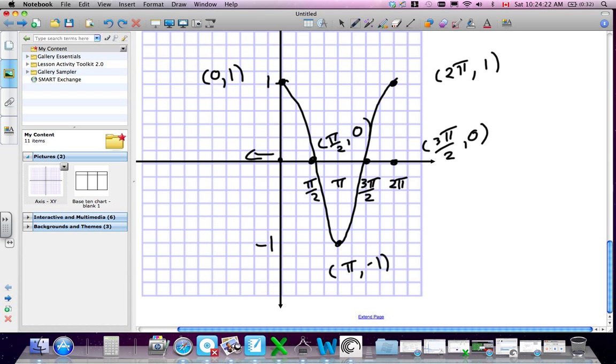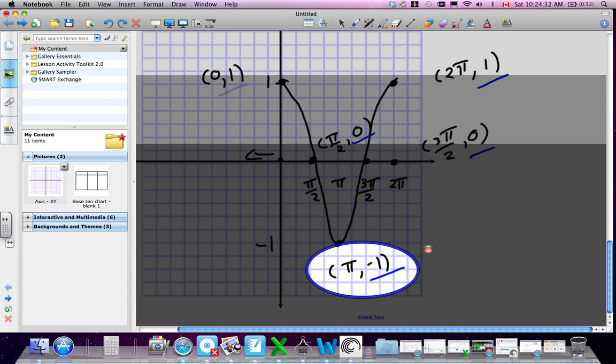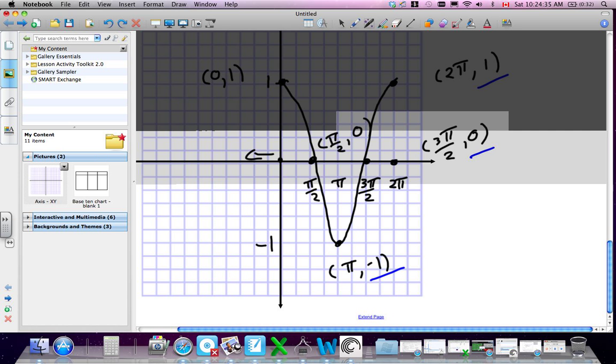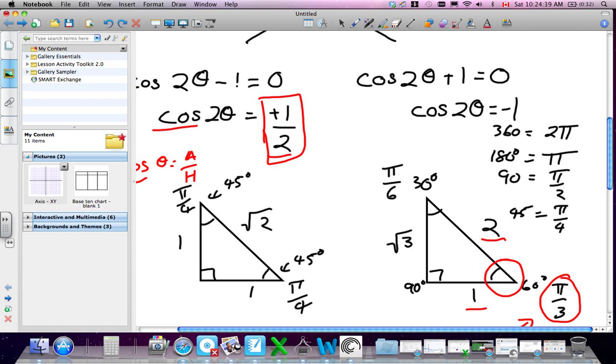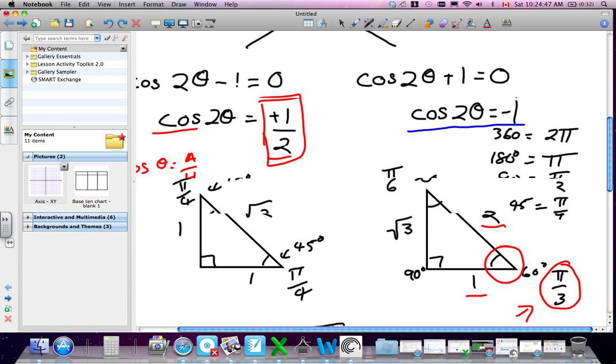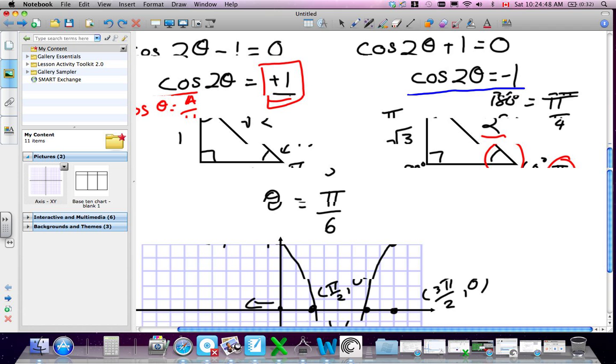If we go through all of our major points, the only time I have a y of negative 1 is when we're dealing with pi. This is our only example of it. Which is exactly what our question's asking, right? Cos equal to negative 1. So again, we can get rid of the cos and negative 1, just like we've done with the cos equal to a half over there.